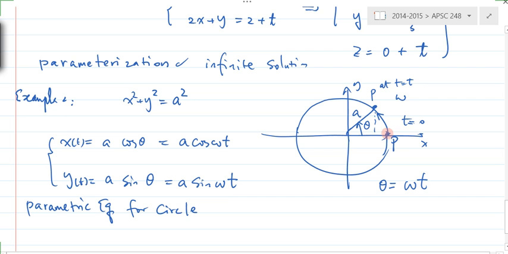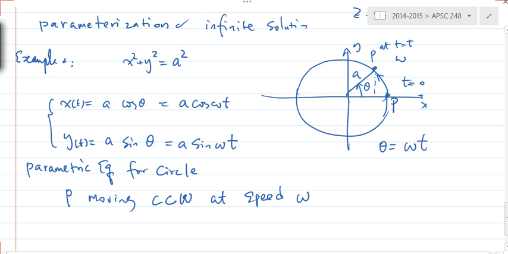It describes a particle moving along a circle, moving in which direction? Counterclockwise. So this describes a point P moving counterclockwise at a speed of omega.